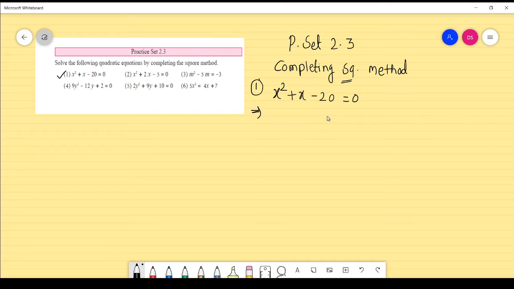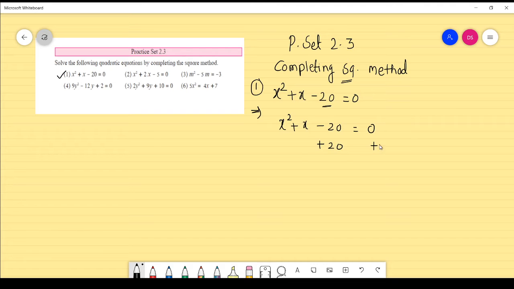Now what to do? Always try to keep the constant on the right hand side. Here we have a constant, that is minus 20. Keep it on the right hand side. So what to do? I'm writing that equation again, x square plus x minus 20 is equal to 0. Here is a minus 20, so add plus 20 on both sides.